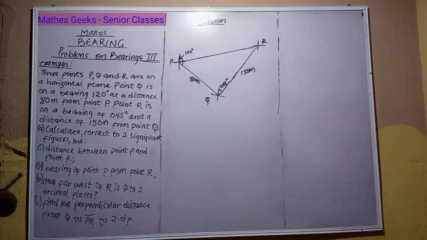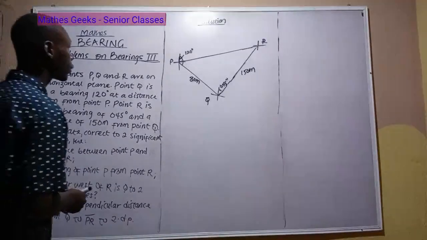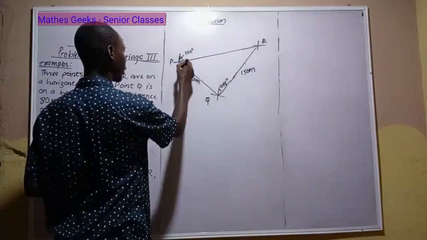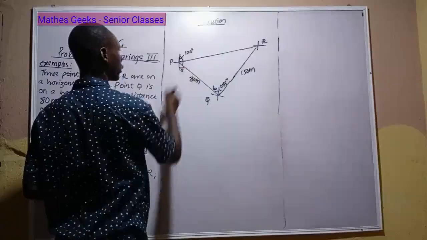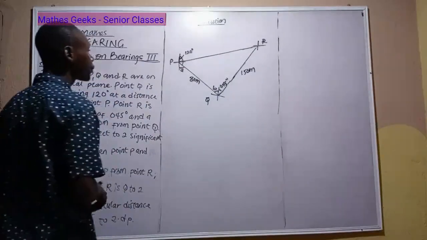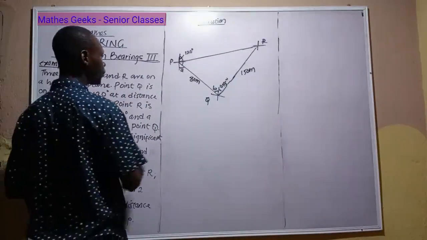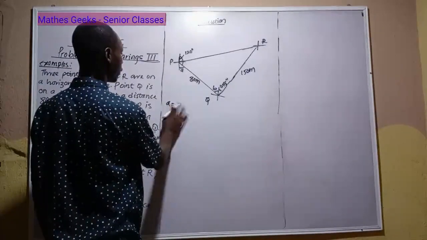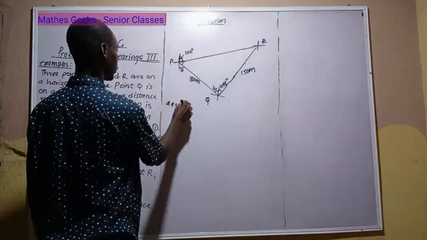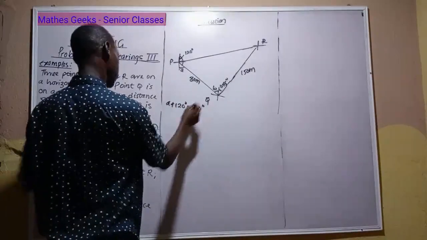So let's complete it. We need to know this angle. So let's call this angle B, and let's call here E, and then A. So A plus 120 degrees is equal to 180 degrees.